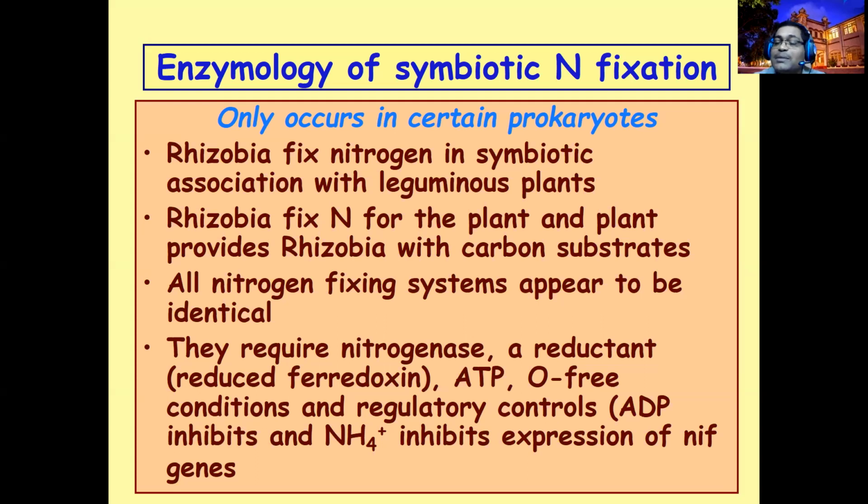Therefore, they use the plant roots and modify the plant roots into a chamber, where oxygen cannot be available. That's where they are able to convert. Otherwise, if the oxygen is present, the enzymes will not work, and the nitrogen will not be fixed.